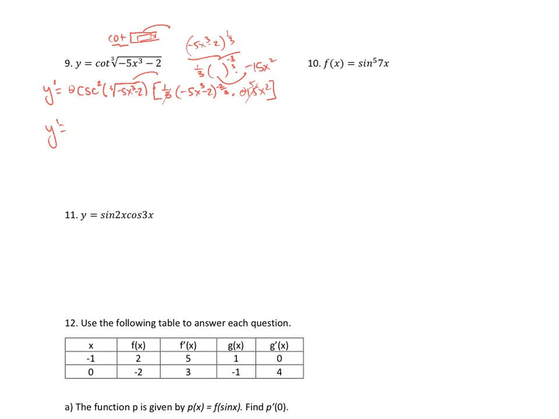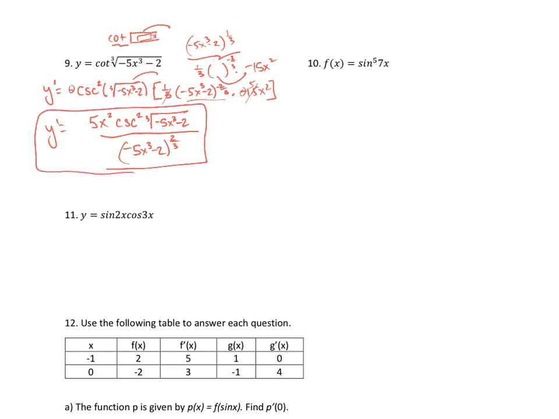So we end up with the 5x squared, this cosecant squared of the cube root of negative 5x cubed minus 2. And then we could put this part on the bottom right here as the negative 5x cubed minus 2. And we could just say that that's to the positive 2/3, or you could say the cube root of that squared. We're just going to leave it like that.